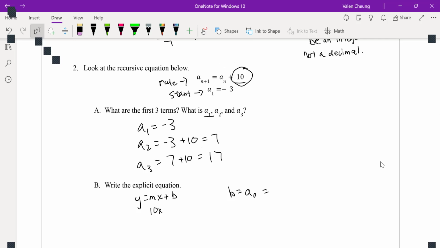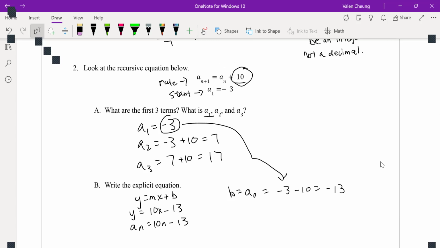So you have to take your -3 from here. And then instead of adding 10, you subtract 10. And you're going to get -13. So -13. And you can just go a sub n equals 10n minus 13.